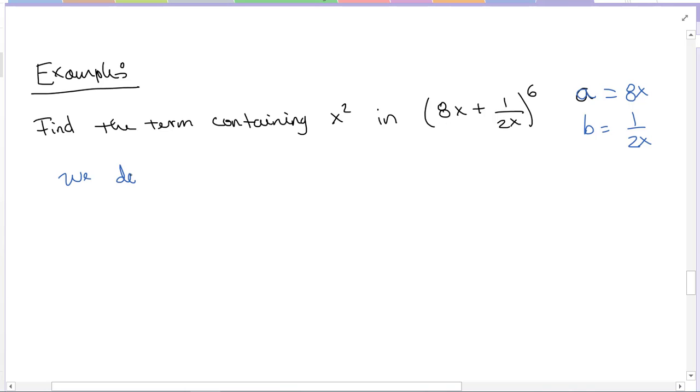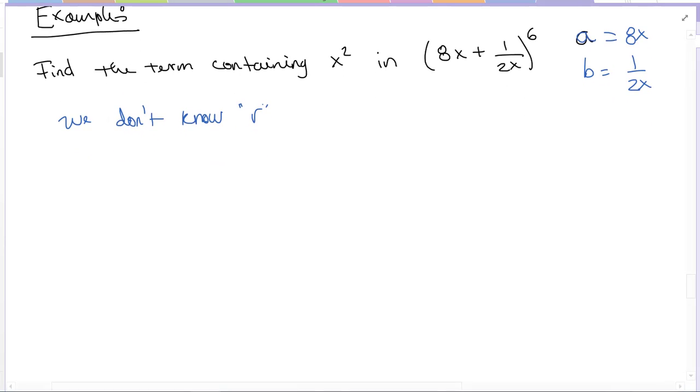So I'm going to write that down. We don't know r. So what we're going to do in this case is we're going to say, well, I know n is 6. And I know we want the term to have x squared. So we'll see what we get here.